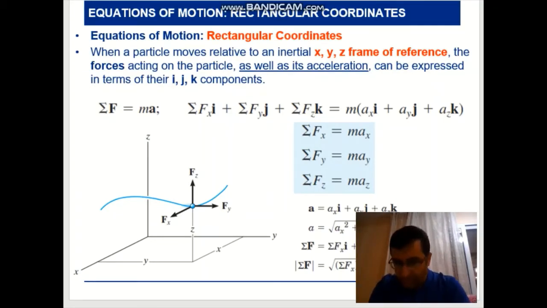We know that acceleration and force are in vector form. If we want to take the magnitude, we need to square each component, add them, and then take the square root of it, and we will find the acceleration's magnitude or force magnitude if necessary.